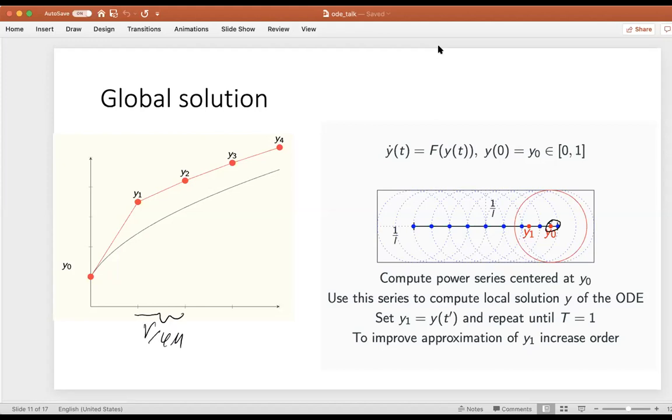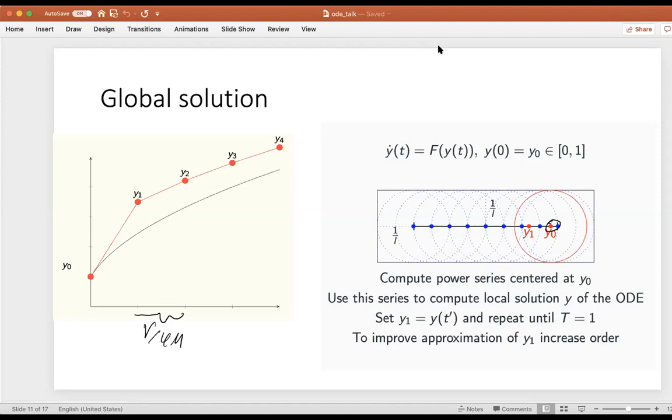Then we get a new solution y1, and we use this as a new initial value. If we need to make any of the intermediate values more precise, we can just increase the number of power series coefficients that we look at.